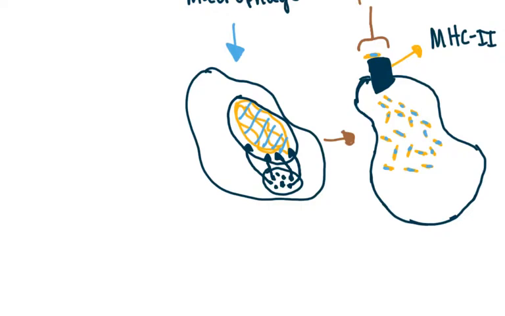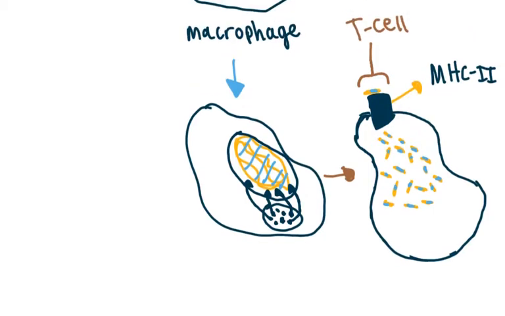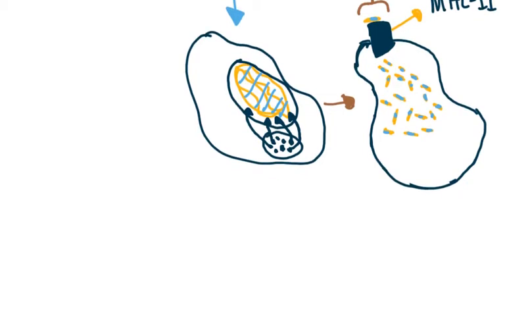White blood cells that can take the virus or whatever pathogen and break it apart, then present those antigens on the surface of their cells via the MHC2 complex for other white blood cells to arrive to this area and for further activation of T cells, are called professional antigen presenting cells because they're really good at presenting antigens on the surface of their cell.